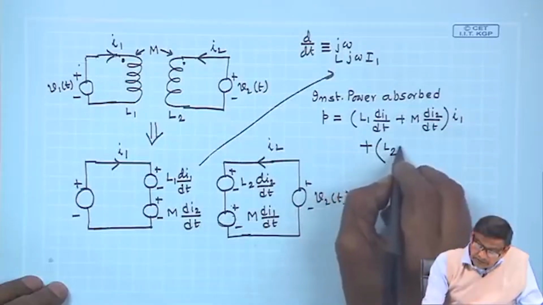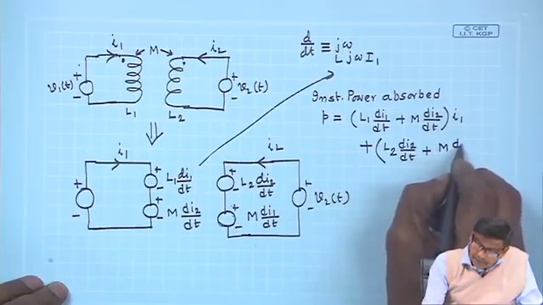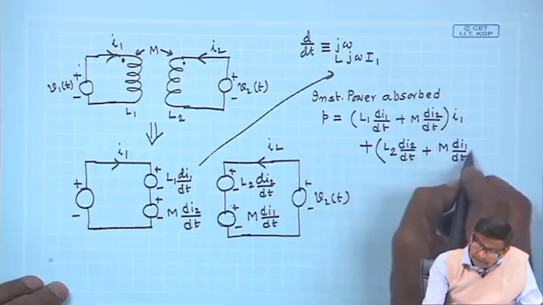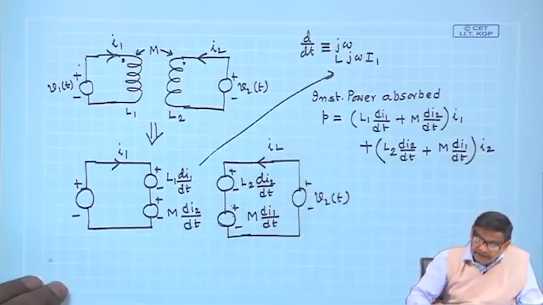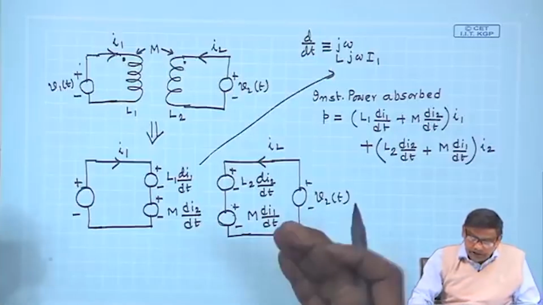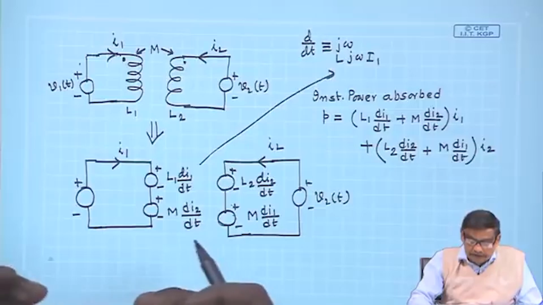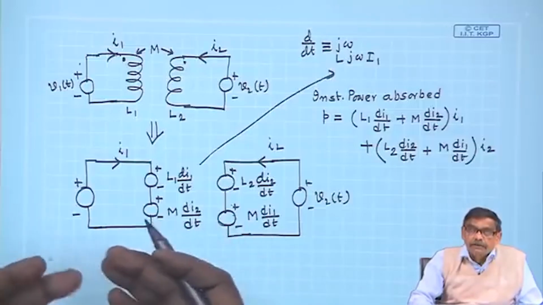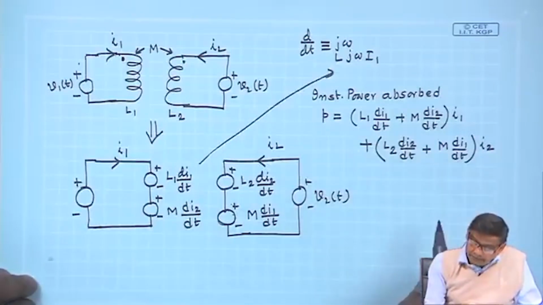It is L2 dI2/dt plus M dI1/dt and the current is I2. This is the instantaneous power. So, both the sources are as if pumping power into the system. The system is L1, L2 and M. So, this is how it looks like.